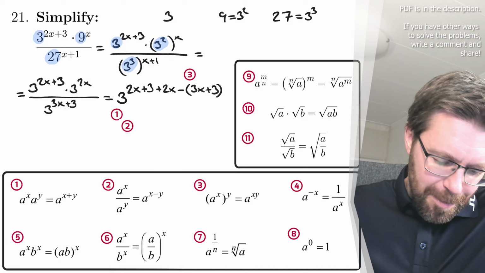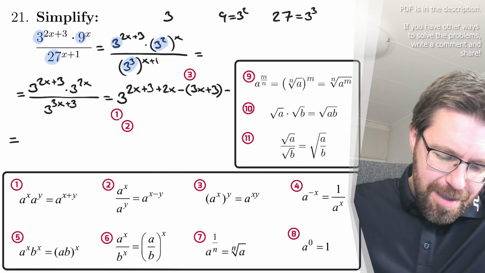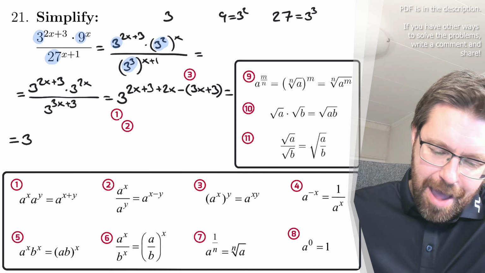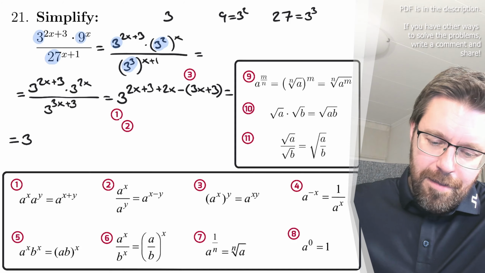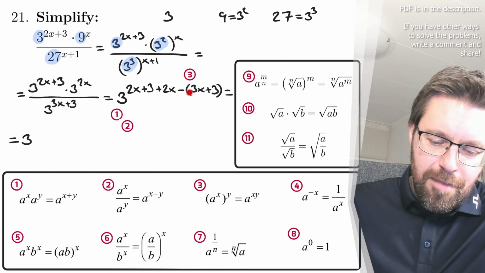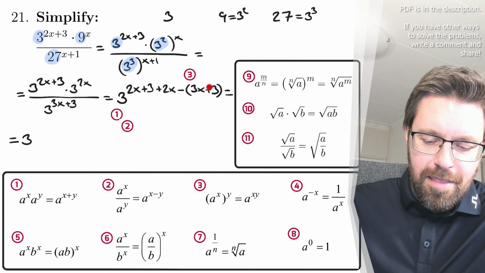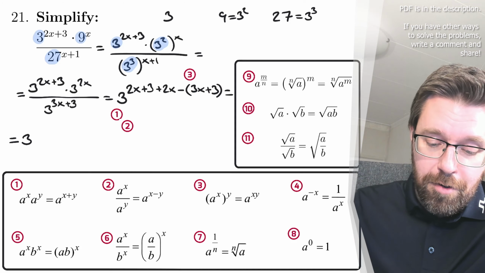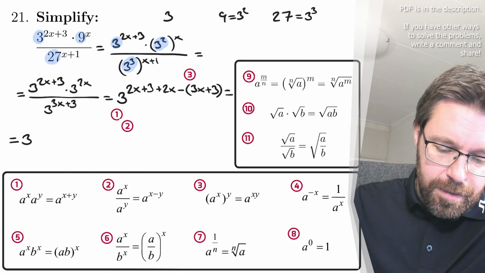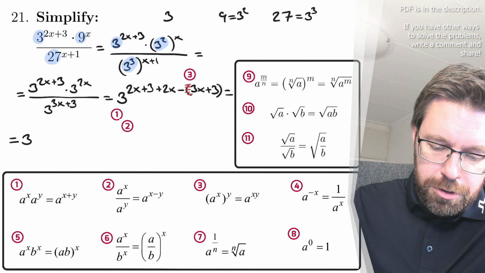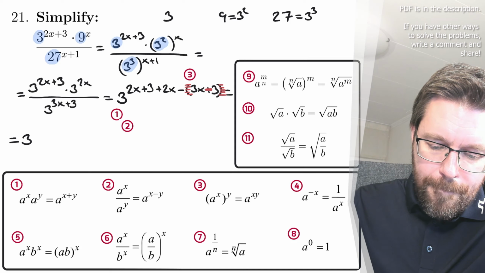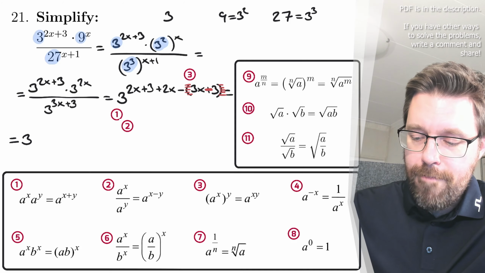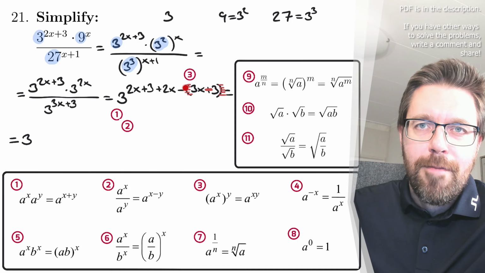So what do we get from here? 3 raised by, if I take away this parenthesis sign here, this sign inside the parenthesis will change to minus, because we have a minus sign before the parenthesis.